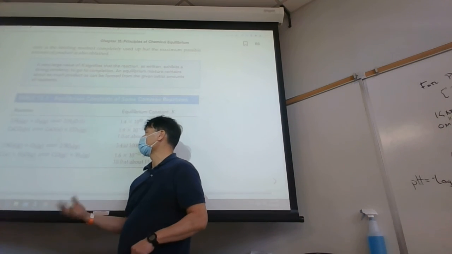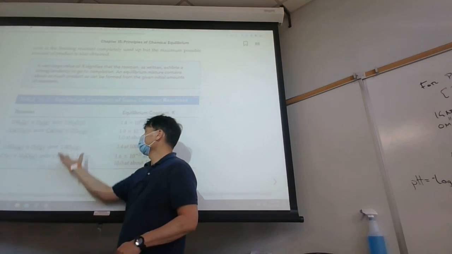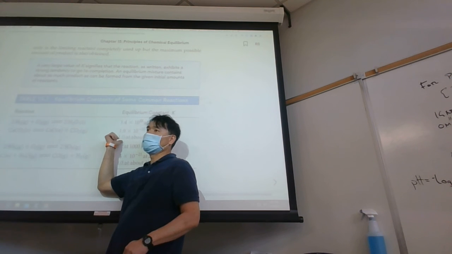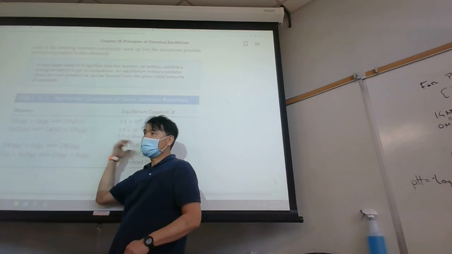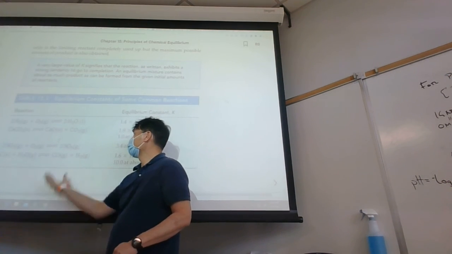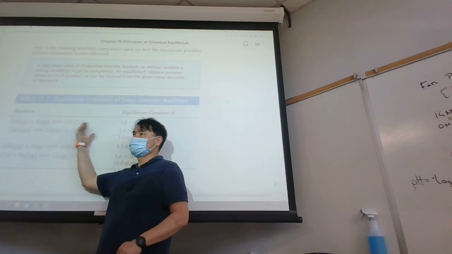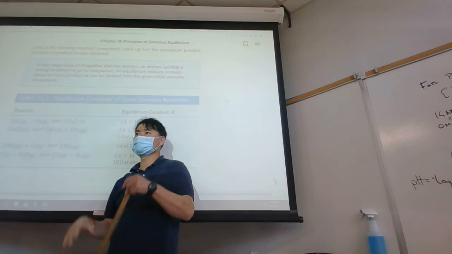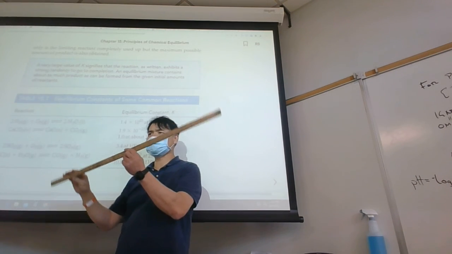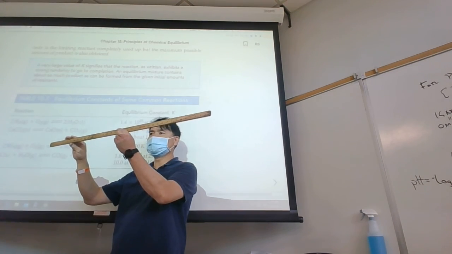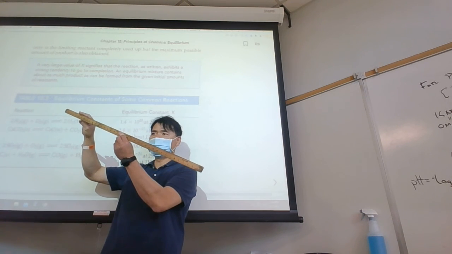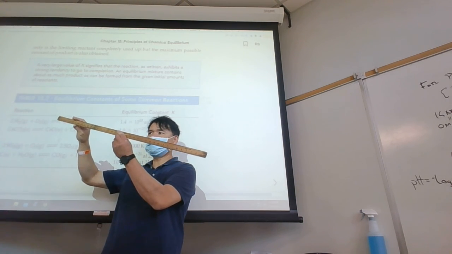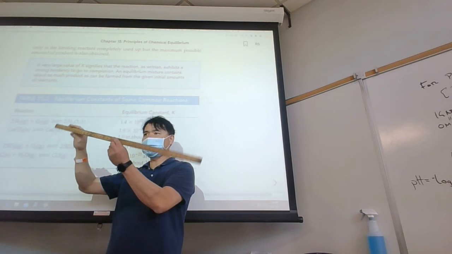We can use something called Le Chatelier's principle. So even though we don't expect much reaction to occur, even at 1200, we can get more reaction to occur. And the way we can get more reaction to occur is to remove the CO2. If we remove the CO2, it's going to upset the balance. Let's say the balance is 1, and we start removing the CO2, then it's going to try to reestablish the balance.